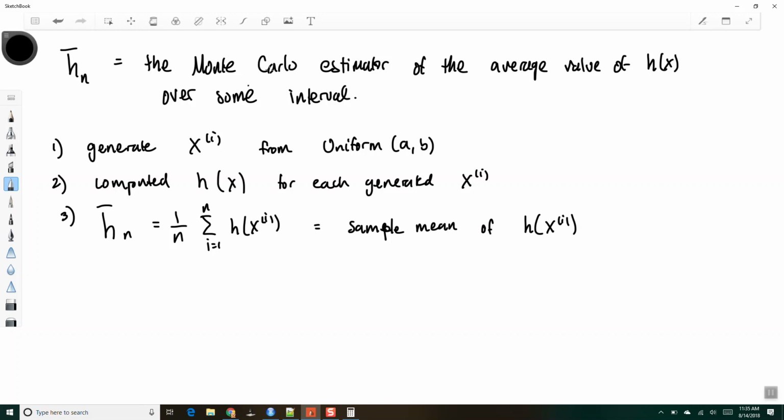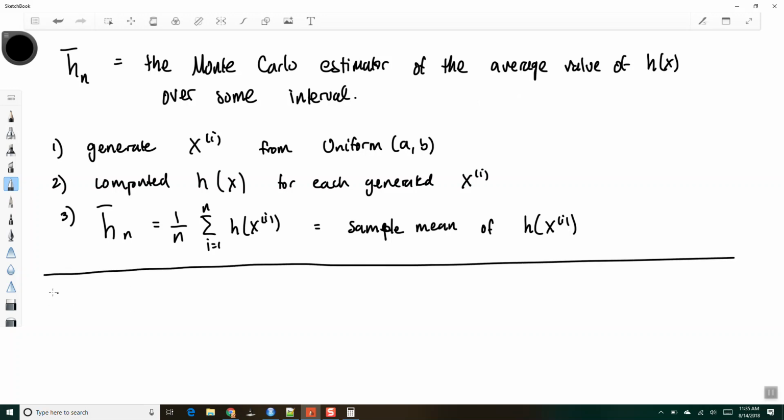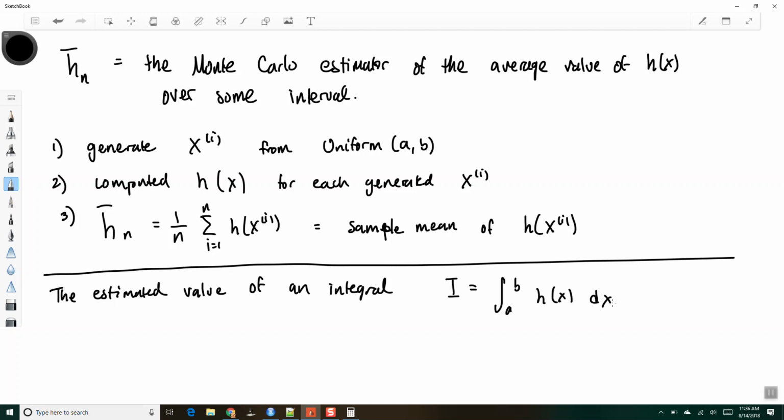Okay, and so this is the Monte Carlo estimator of the average value of h of x over some interval, and thus the estimated value of an integral. So if we have I equal to the integral from a to b of some function h of x dx, okay, so this is the value of an integral, which is the area under the curve.